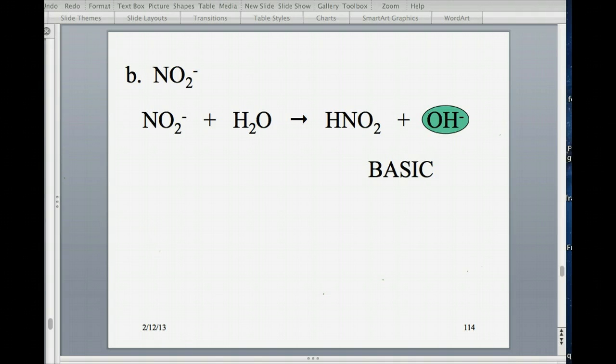Nitric acid is a strong acid. Nitrous acid is not, it's weak. So you can write the hydrolysis reaction just to show what actually happens here. Your hydrolysis reactions are always going to have the 4 components with water here in the middle. And you can see that it's indeed a basic reaction because I'm reacting with my water and giving off OH.